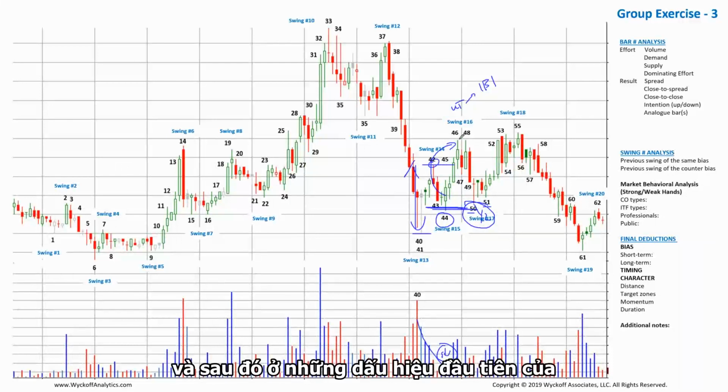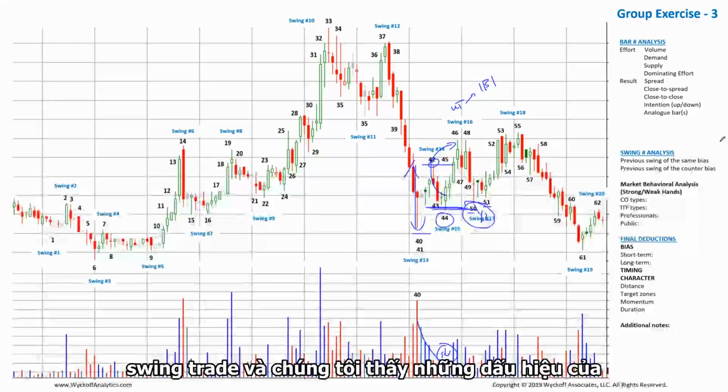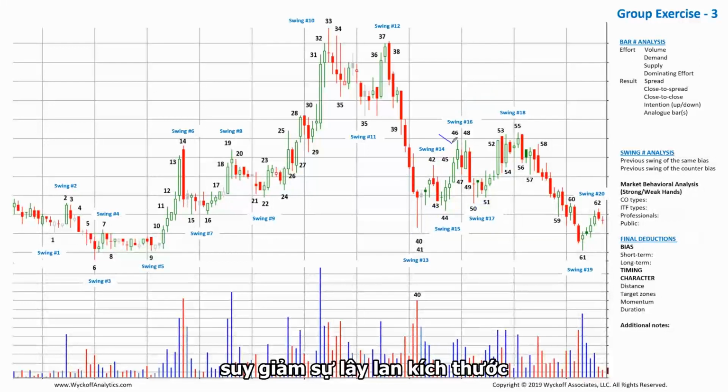So there was a built-in trade right here that would get us above 42. And then at the first signs of the deterioration, we're going to be looking to sell if this is a very short swing trade. And we see those signs of deterioration in the diminishing spread signature of the 46, in the supply tail, in the increased effort that doesn't produce the same result as 45.